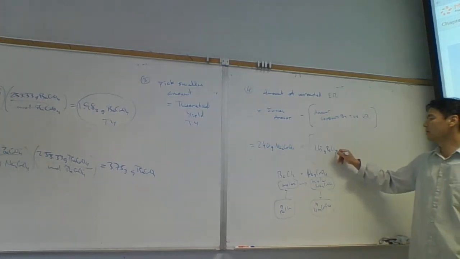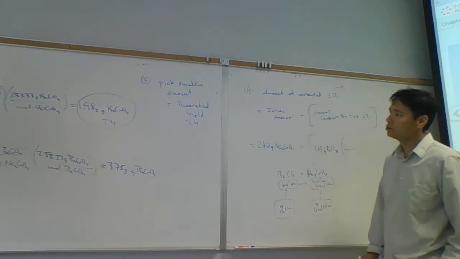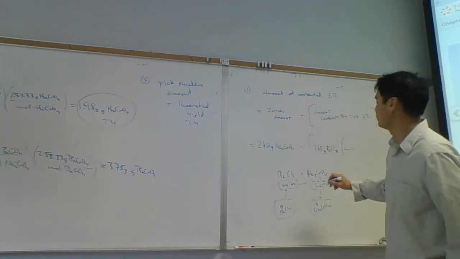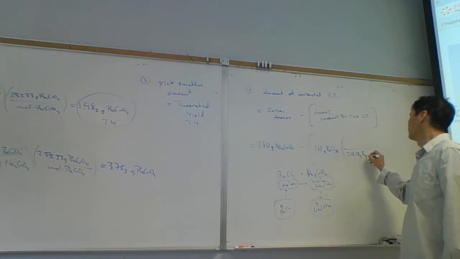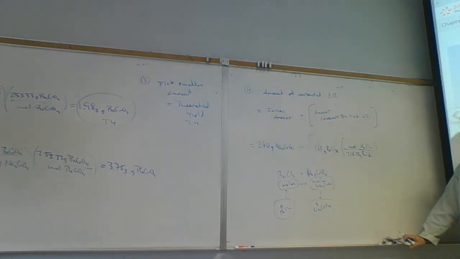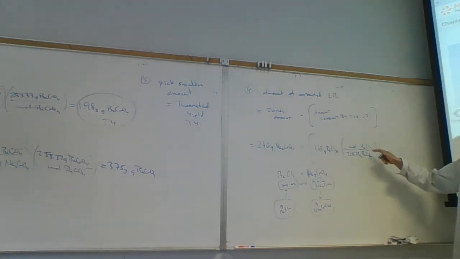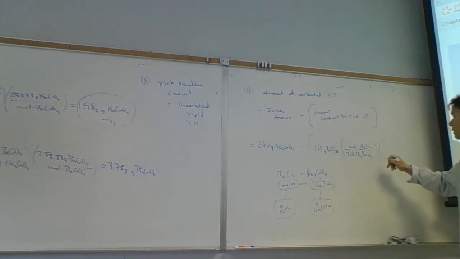And so we'll have to go from grams of barium chloride to moles of barium chloride. This is 208.23 grams of barium chloride per mole. Okay, and then from moles of barium chloride to moles of sodium chromate, the mole ratio is 1 to 1.